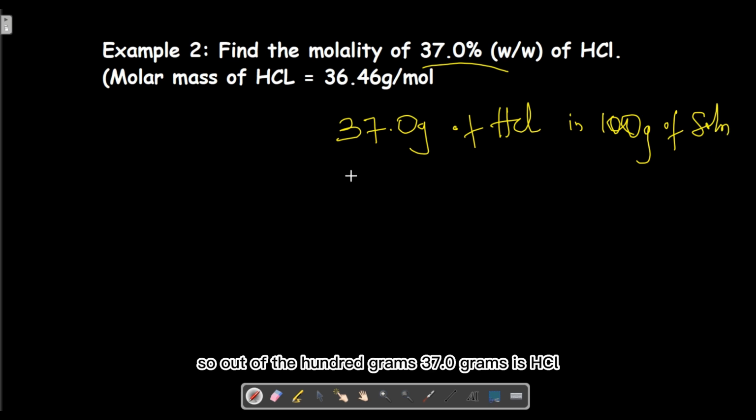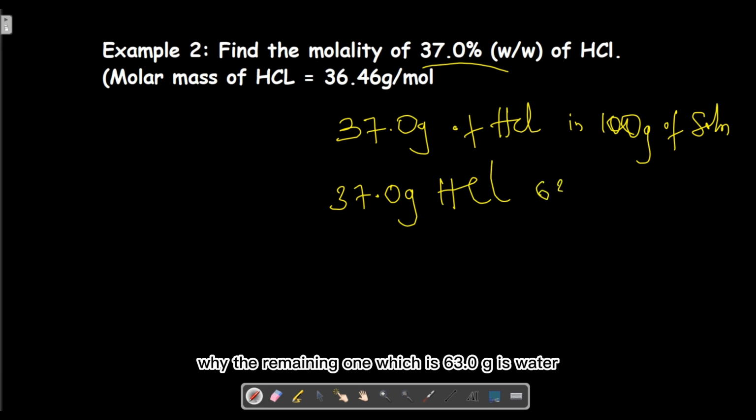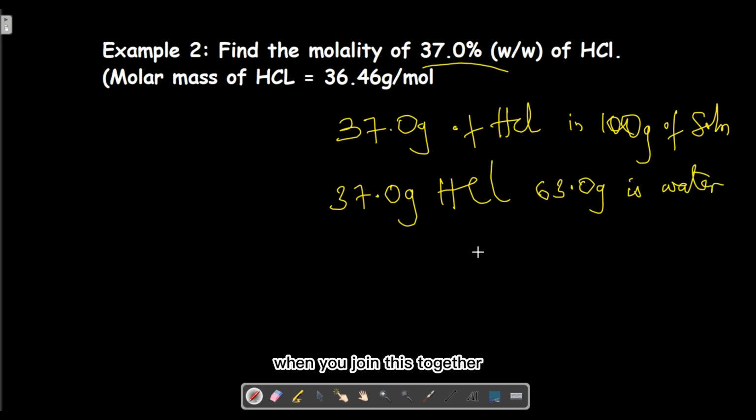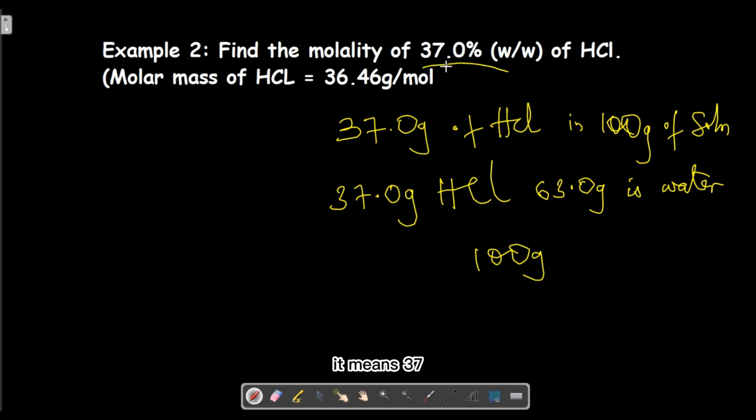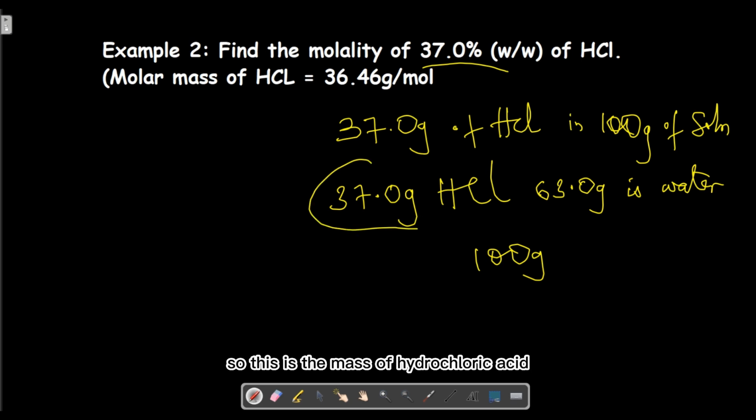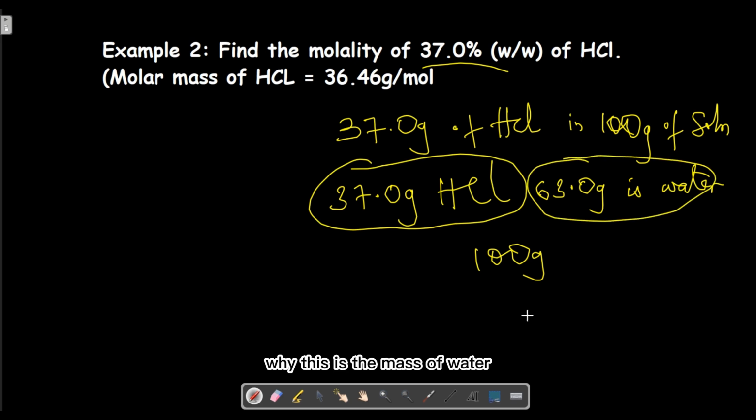All right, so out of the 100 grams, 37.0 grams is HCl, while the remaining one, which is 63.0 grams, is water. When you join this together, it gives you 100 grams. Okay, so that's what 37% weight per weight means. It means 37% of the substance is hydrochloric acid, while the remaining 63.0% is water. All right, so this is the mass of hydrochloric acid, while this is the mass of water.